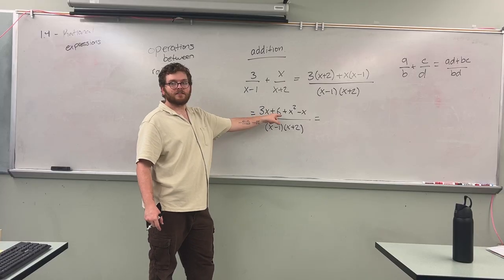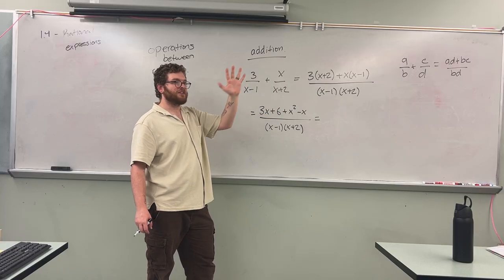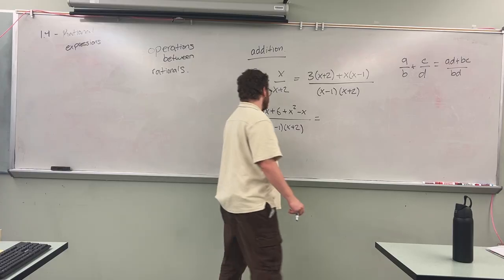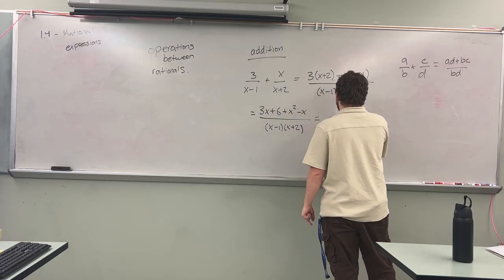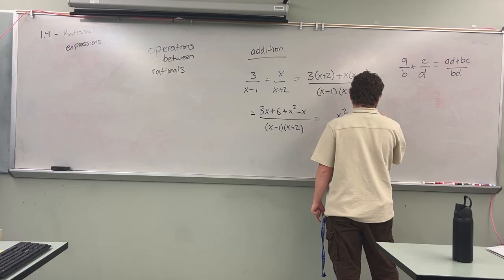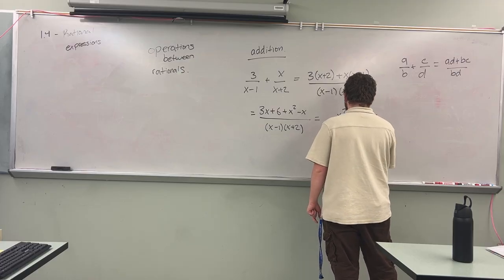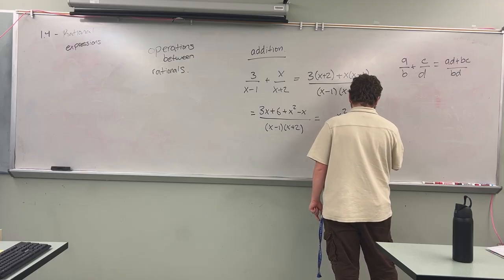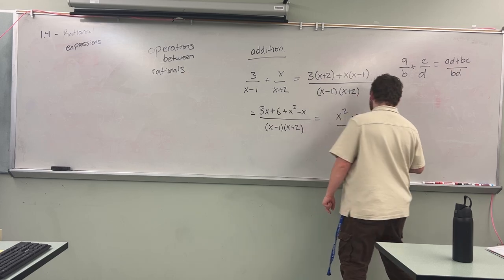And then I'm going to rewrite this in our standard form where we descend by the orders of exponents. So I've got x squared plus 2x plus 6 all over x minus 1 times x plus 2.